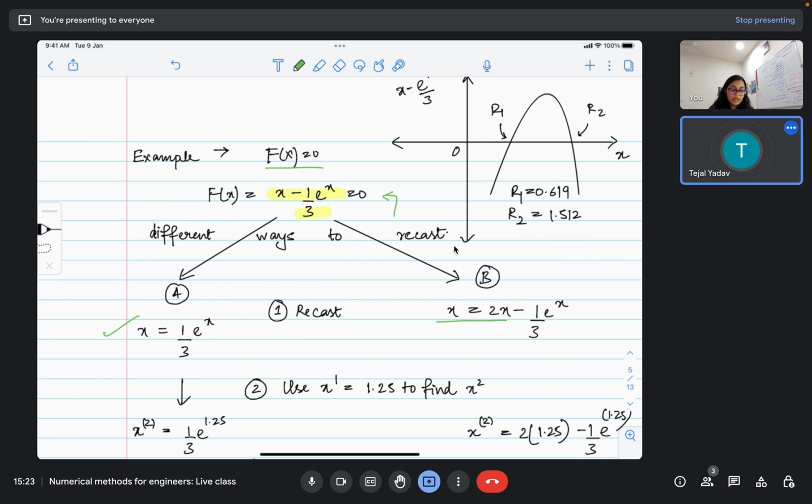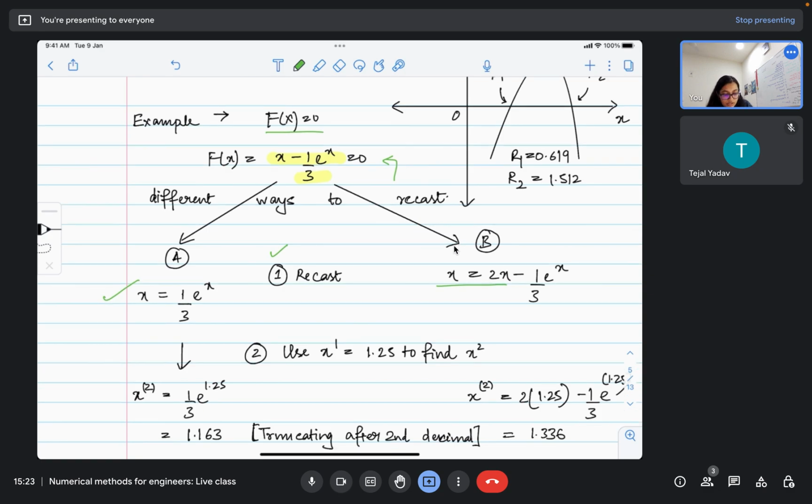Yes, ma'am. Okay, so the first step is to recast. Okay, we will go to the graphical concept first. I'll take you to the algorithm a little bit. Now the second step is to use the initial guess that is given to you in the question. In this case, the initial guess given was 1.25 for the value of x. What you basically go ahead and do is find the second iteration of x.